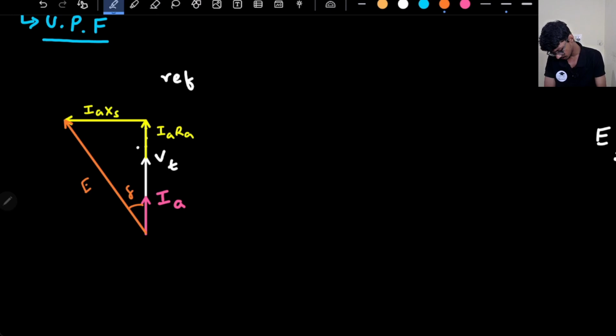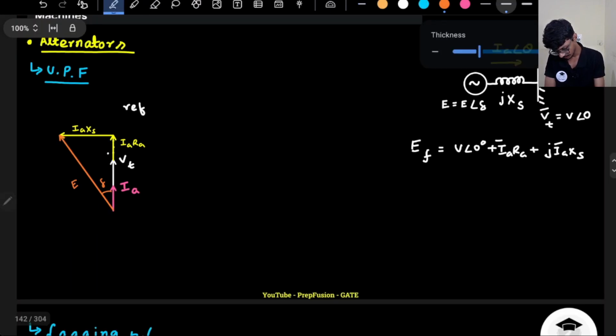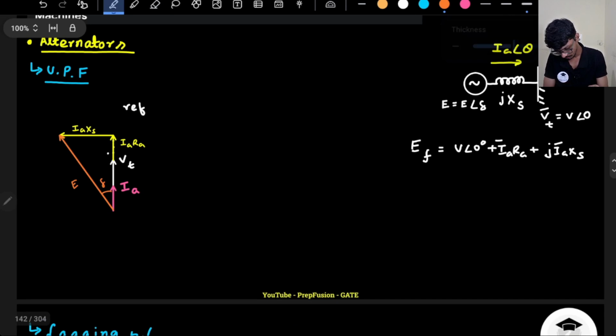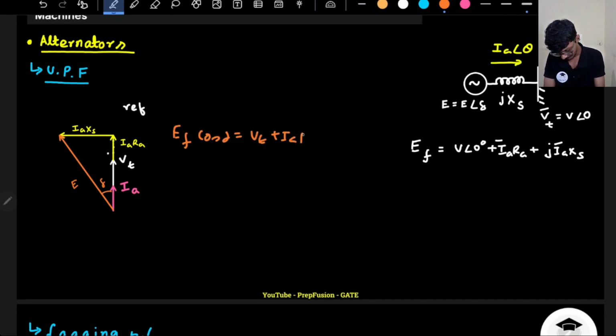Same equation, that my Ef cos delta will be equal to Vt plus IRa. That's it. Okay, for unity power factor.